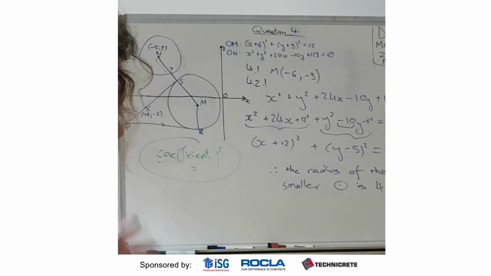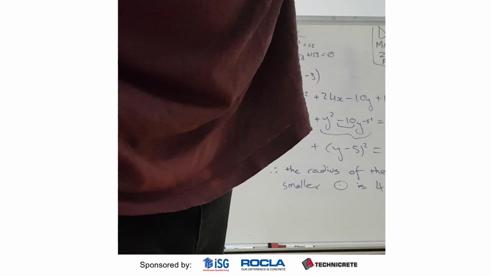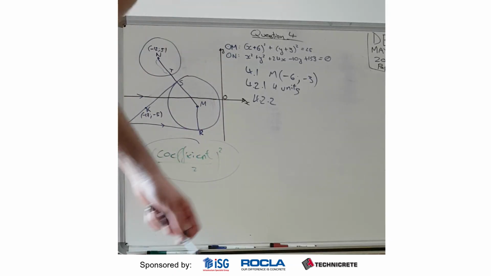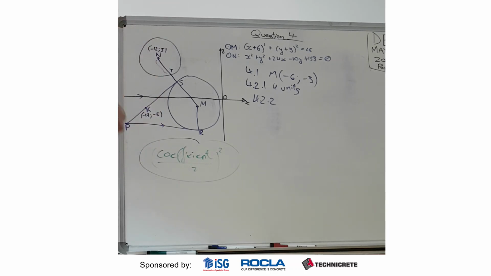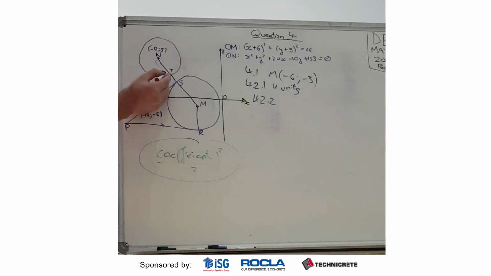Okay, I'm going to pause, erase the board, we'll go into 4.2.2. Right, so 4.2.2 asks us to calculate the length, let me use a different color, the length of TS, that line there.